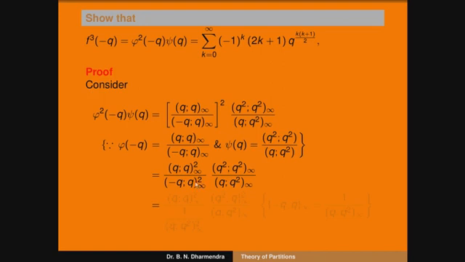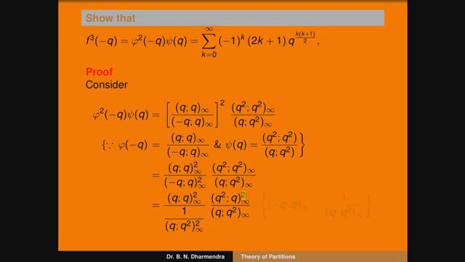So we have to apply the statement of (-q;q)∞ whole square. By using the Euler identity, it can be written as (q;q)∞ whole square divided by (q²;q²)∞ whole square into (q²;q²)∞. It's not square, simply the term is not square, divided by (q²;q²)∞.